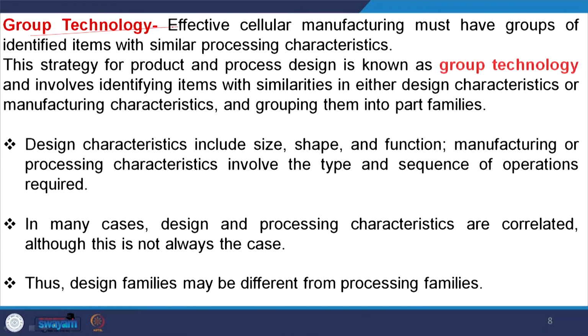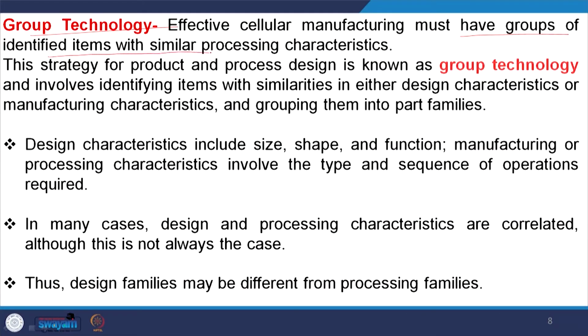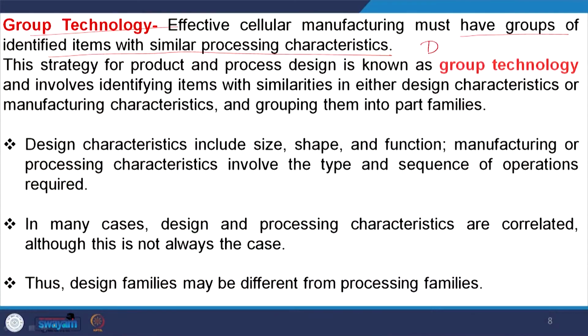Then group technologies are also there, which are very similar to cellular layout, and an effective cellular layout must have groups of identified items with similar processing characteristics. We have already discussed that these are our part families which require similar kinds of processing, and on the basis of that we develop different types of decision support systems to identify how you can put different products into similar processing requirements.